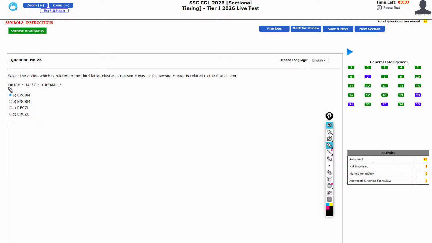Order related. 12, 1, 21. So this is 21, 1, 12, 6, 7. Highest, lowest, second lowest. So highest, lowest. No, this is not matching at all. So G second last, A at the last is nowhere.